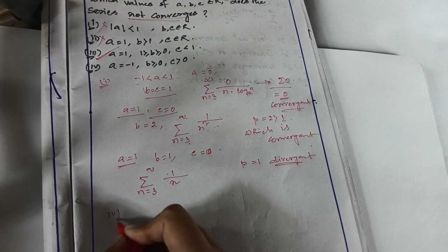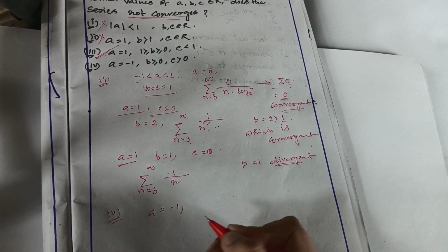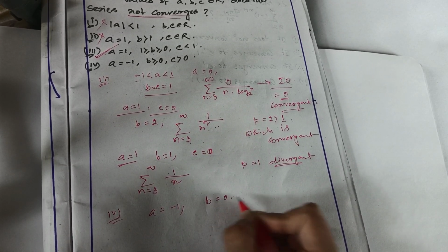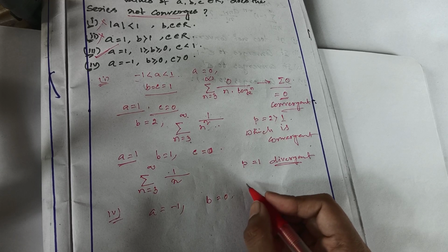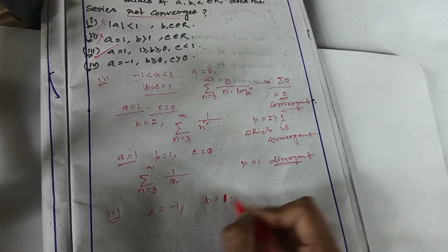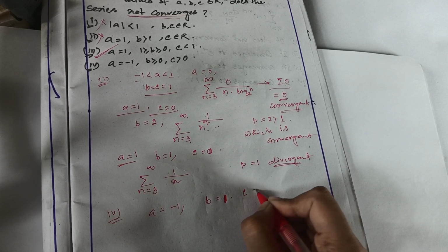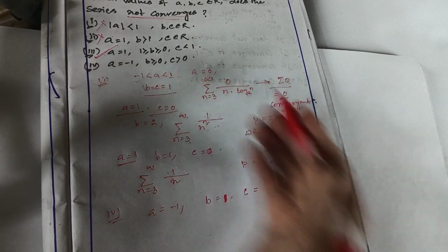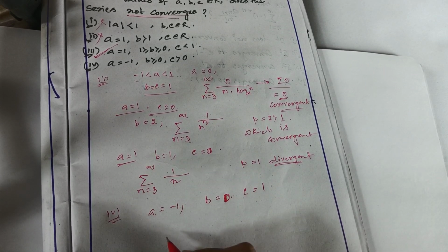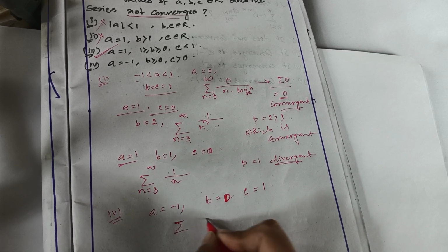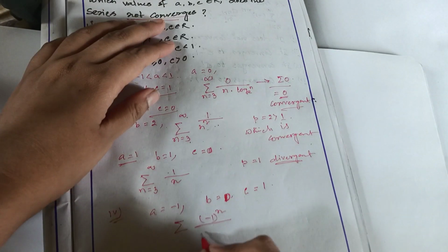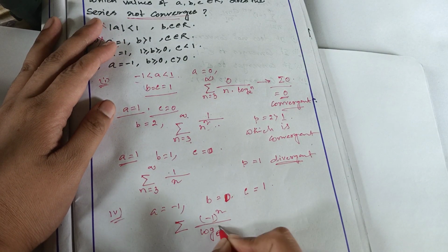If we take a equals -1, b equals 0 and c equals 1, so obviously we can find the summation of (-1) to the power n by log n.